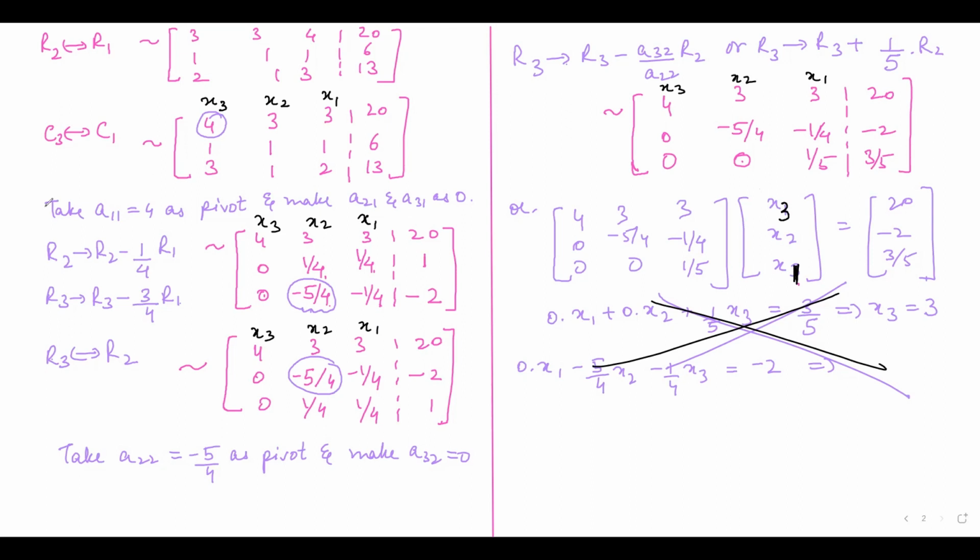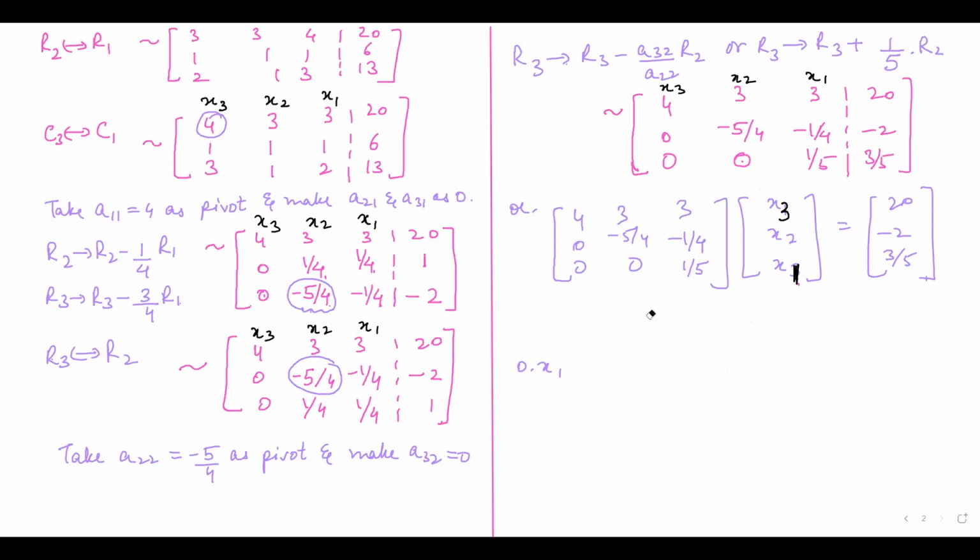So I'll just erase this part quickly. I hope this would be clear for everyone why I am doing this. Okay, so now when I apply the backward substitution, I'll be getting 0x3 plus 0x2 plus 1 upon 5 x1 is equal to 3 upon 5.